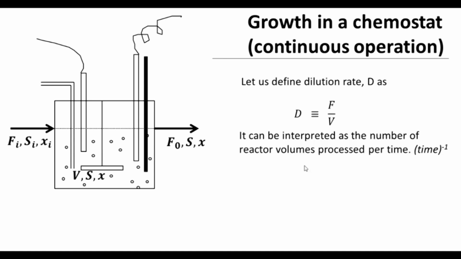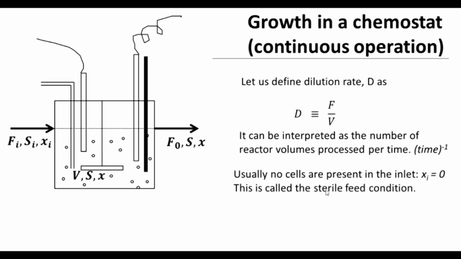If you visualize it like that, the dilution rate can be interpreted as the number of reactor volumes processed per unit time. So, it needs to have a unit of time inverse. Just think about it a little bit, see whether you are comfortable with the interpretation of number of reactor volumes processed per time.